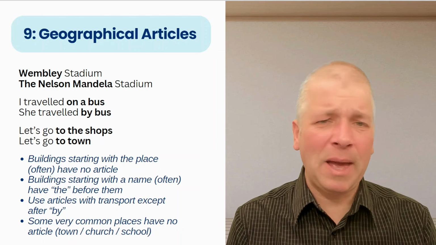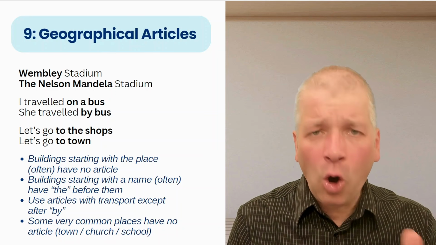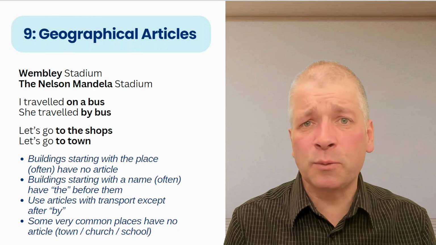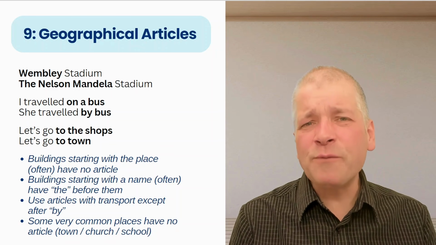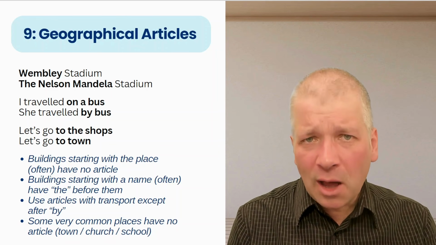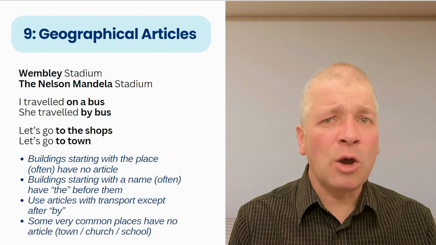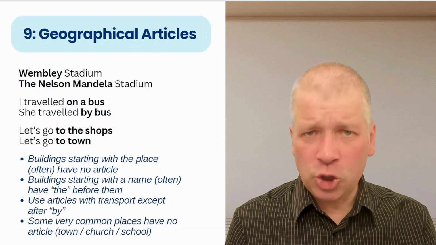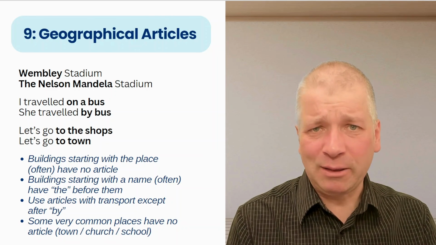With the second pair of sentences, we have on a bus, but by bus. And here we use articles with transport, except after by. With the last two sentences, let's go to the shops, let's go to town. Usually you would use an article before a place.